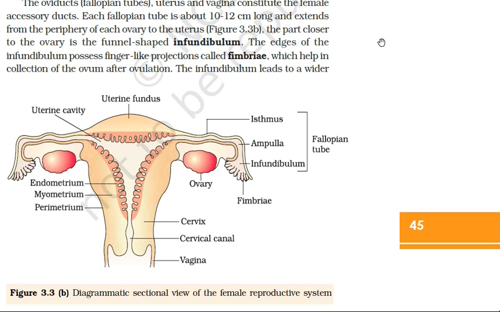Therefore, the fallopian tube consists of these parts: isthmus, ampulla, infundibulum and fimbriae, which are the finger-like projections. Each fallopian tube is lined with cilia to help the egg move towards the uterus.